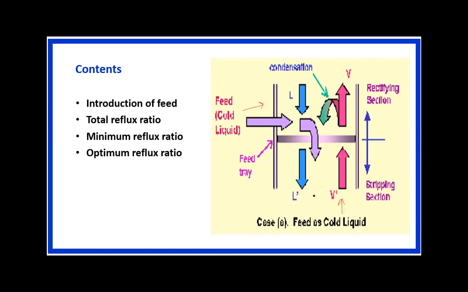These liquids and vapors are in contact at every stage, right? So if the feed is cold liquid, then obviously the latent heat from these vapors is removed due to this cold liquid as the temperature is lower, and that is why some of the vapors are converted into liquid droplets.